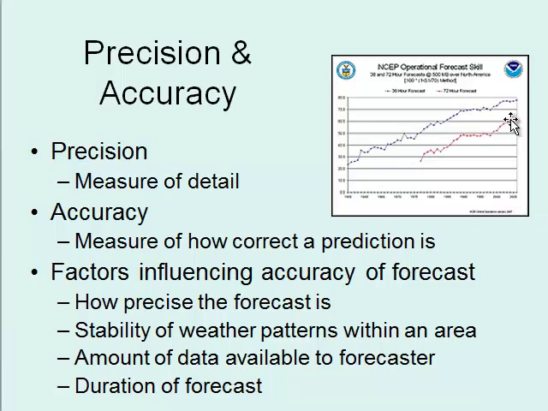Our accuracy has improved dramatically throughout history because we've gotten better computers with more computing power to run these more detailed models to more accurately predict what might happen in the weather in the future.